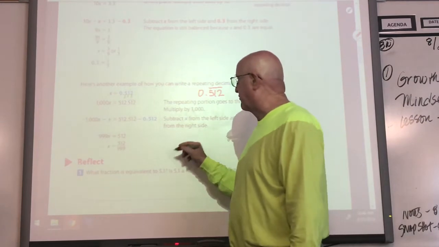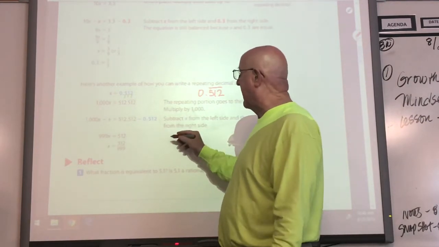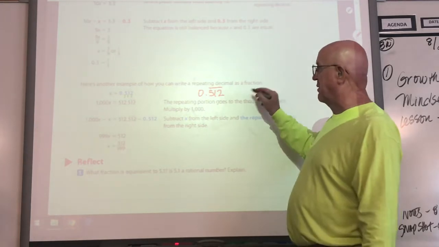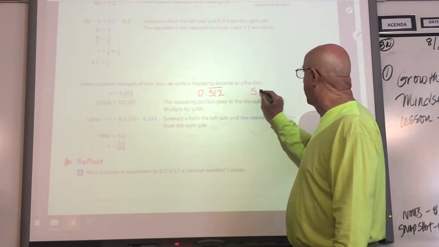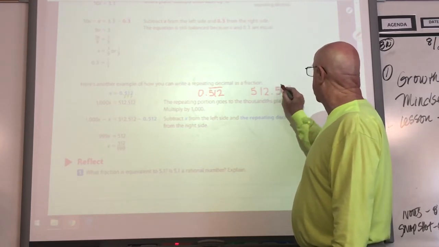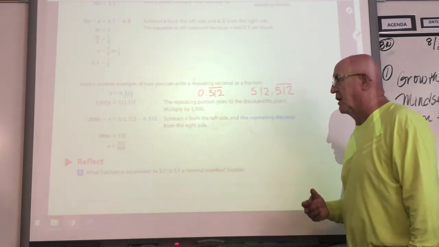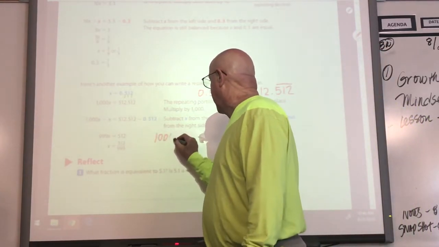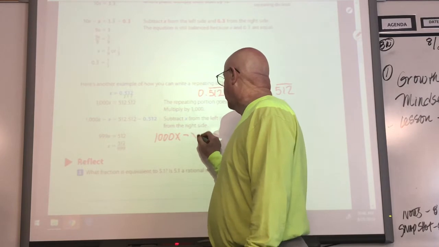So we're going to do the same thing we did a while ago. We're going to multiply it by 1,000, and when we multiply it by 1,000, we get 512.512 repeating. So now we're going to do 1,000x minus x, right?